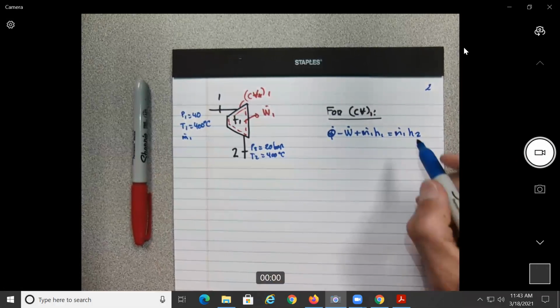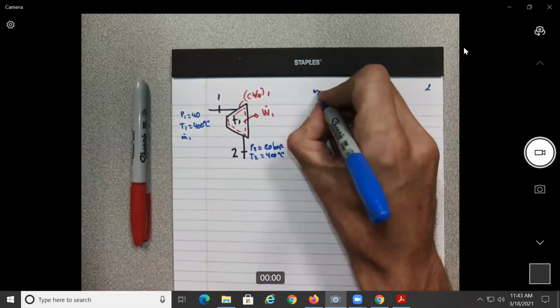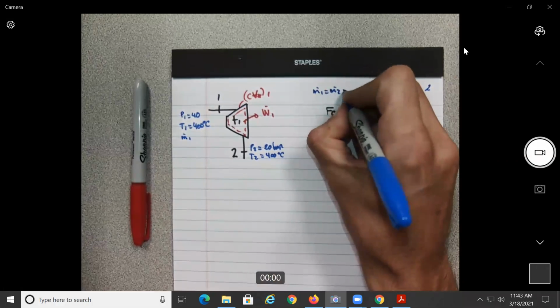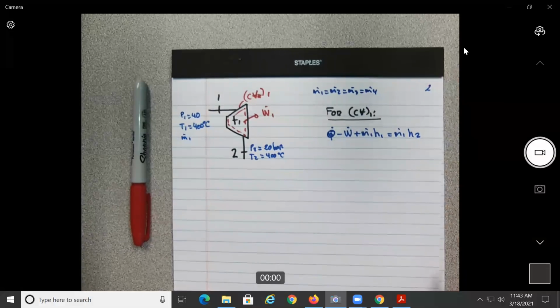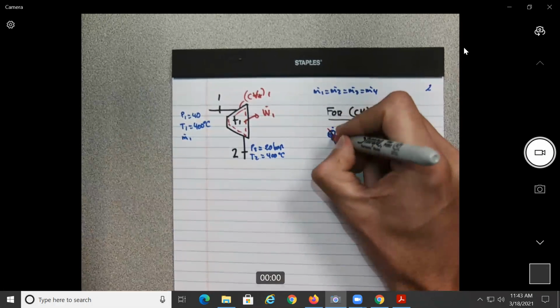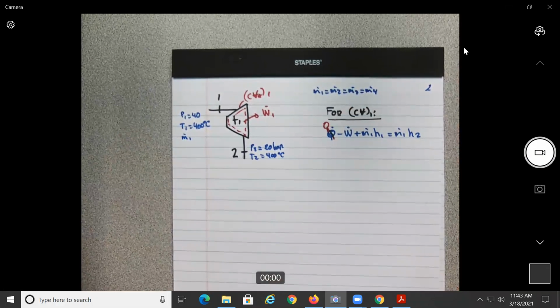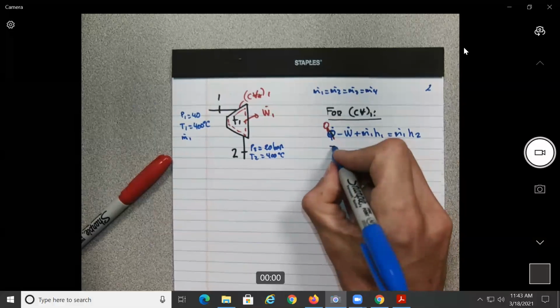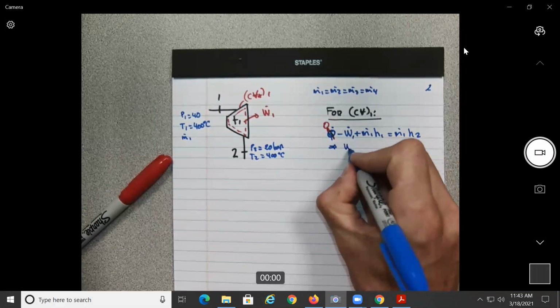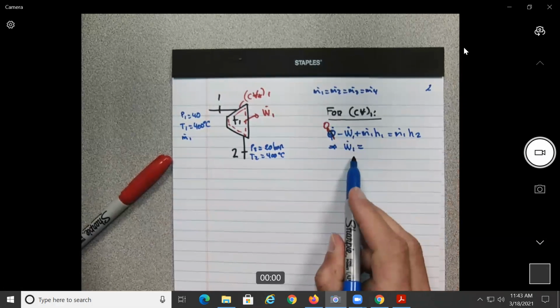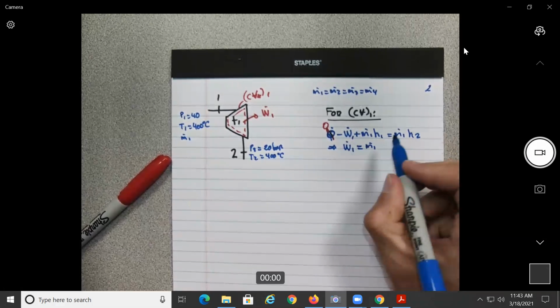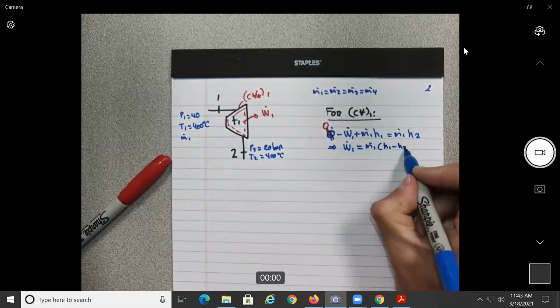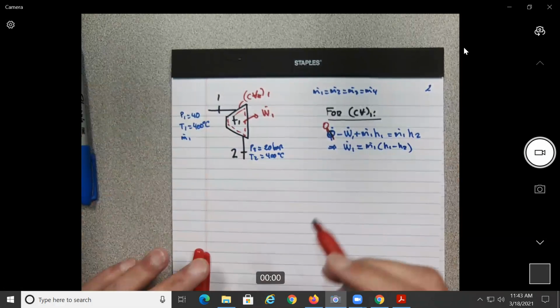So here we have M1 equal M2 equal M3 equal M4, basically, okay? Now in this problem, do we have any heat? They said to assume that there is no heat transfer through the turbines. So the power generated by the first turbine will be equal to what? M dot 1 times H1 minus H2.